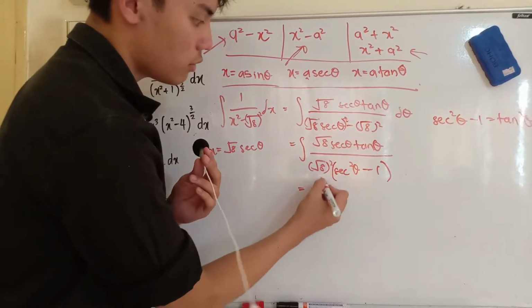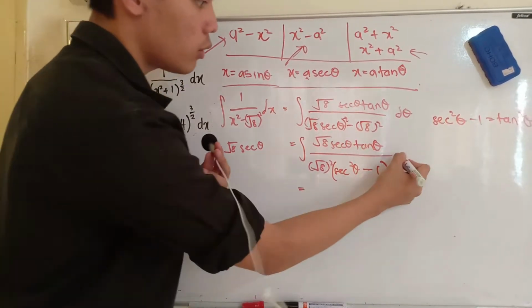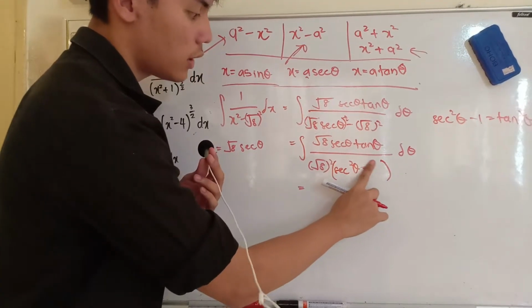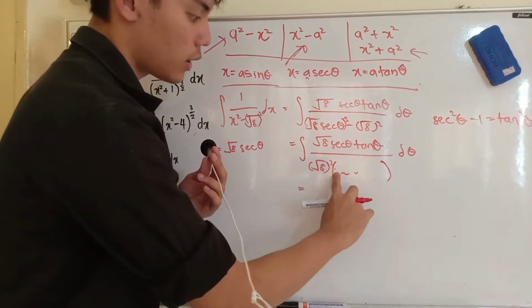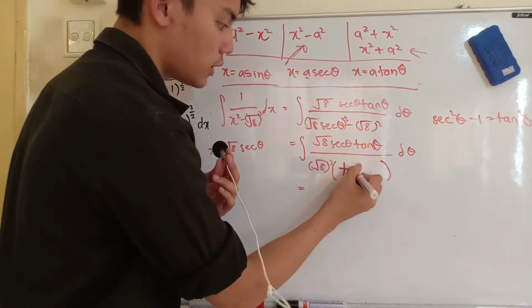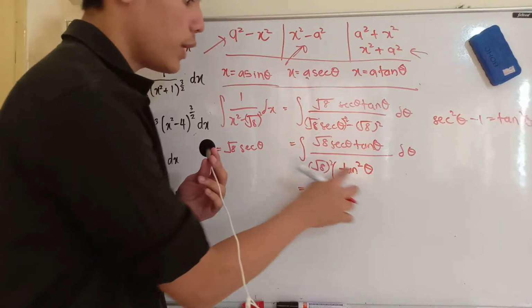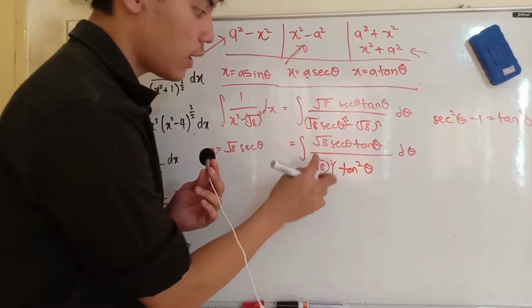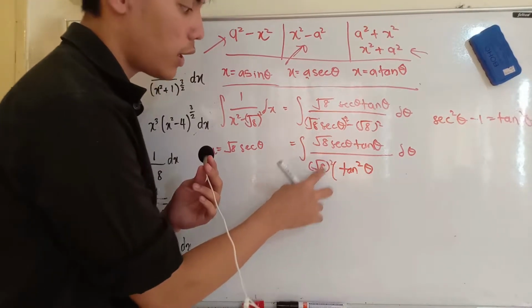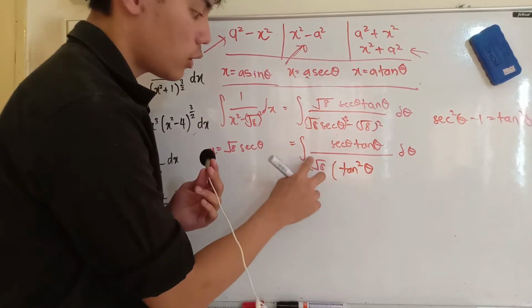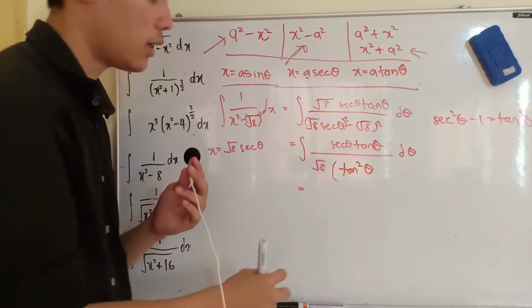So now this whole thing becomes tangent squared theta. So we just write here tangent squared theta. Then we can simplify the 8: 8 divided by 8 squared, so here it disappears and we have 8 only.